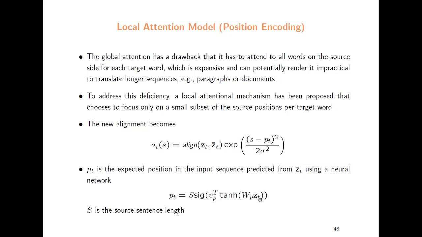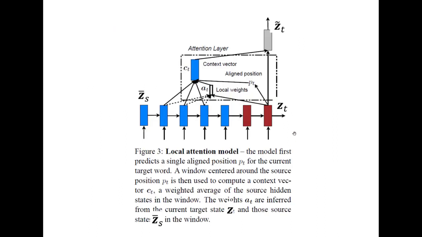So having complete independence of the location in the input sequence doesn't seem to be a good idea, and this local attention model helps you to encode the location of the relevant word in the input sequence. This is indicated by this alignment position encoding, which tells you where the model expects the relevant word was in the input sequence.